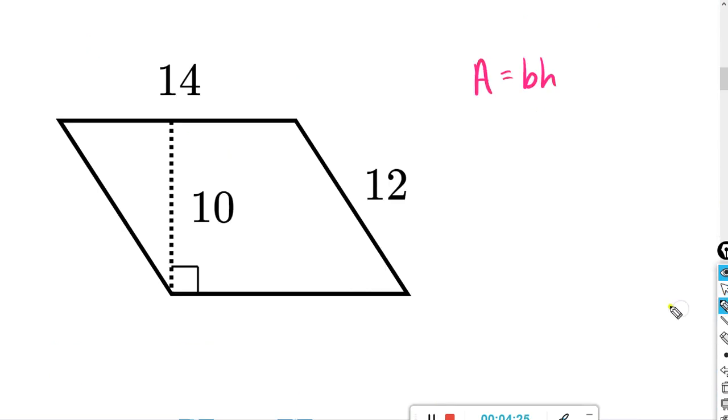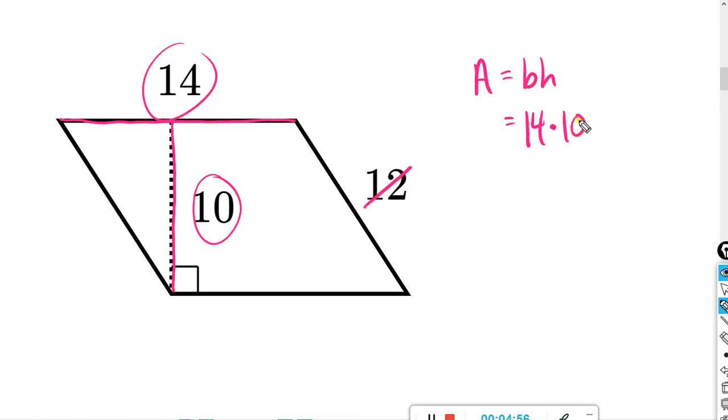All right, so we're looking at base times height. Base B has to be one of the sides. However, I don't have anything perpendicular to this side, so I'm not going to use the 12. That leaves this side right here as my base. That's a 14 in place of B. And the height is perpendicular to the base. So this right here is the height. That's 10.